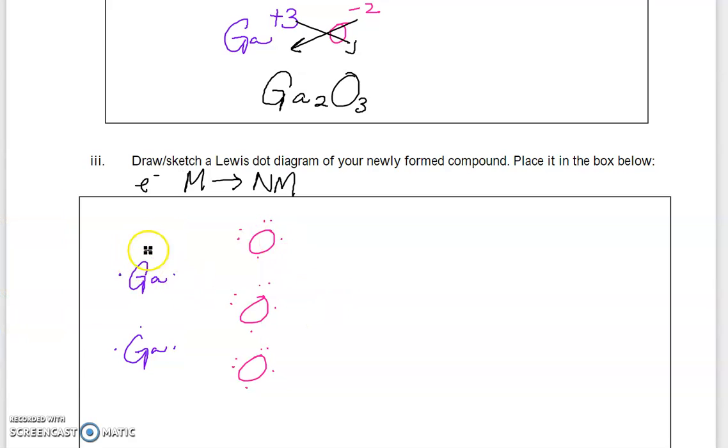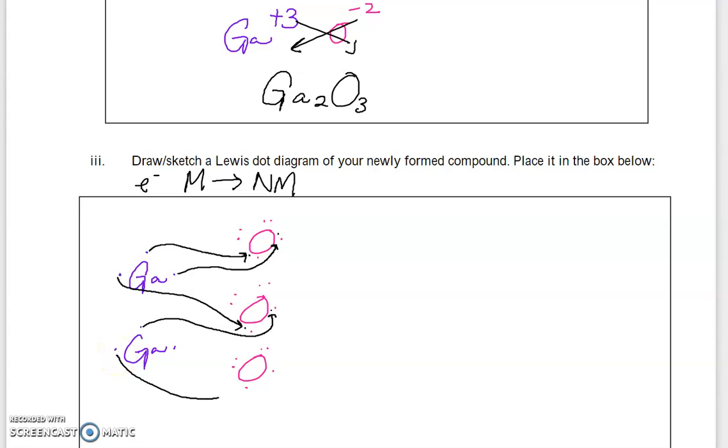So I'm going to show you in black that this lonely electron is going to go over here to this one. And then this lonely electron is going to go to this other lonely electron. And then this one is going to go over here, and this one is going to go over here. Okay, so notice if I were to count them, they would each have 8.